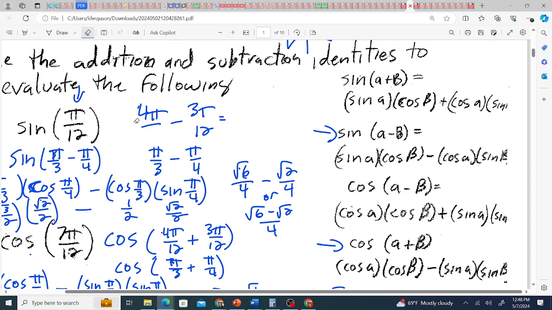But when we did these two problems, it's a start.